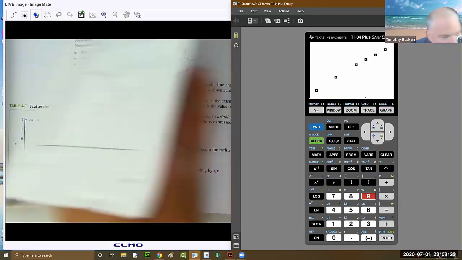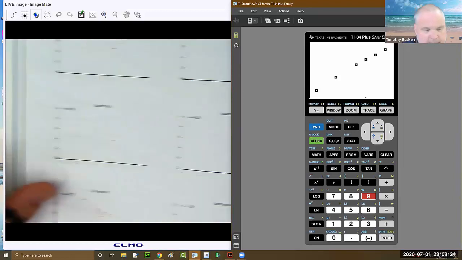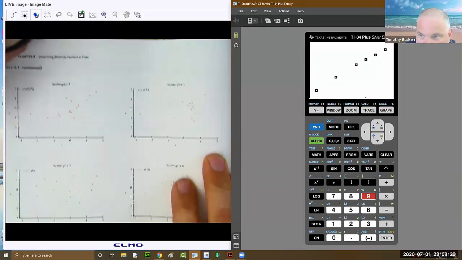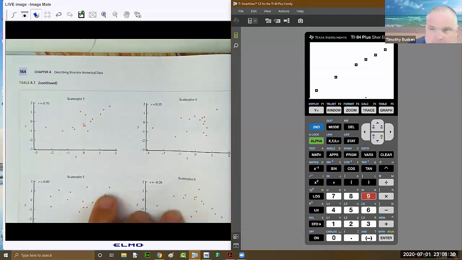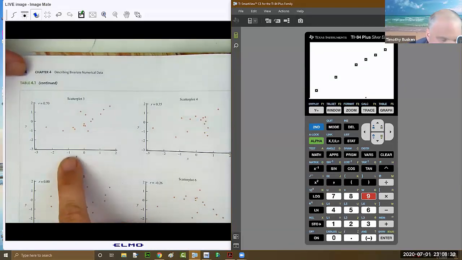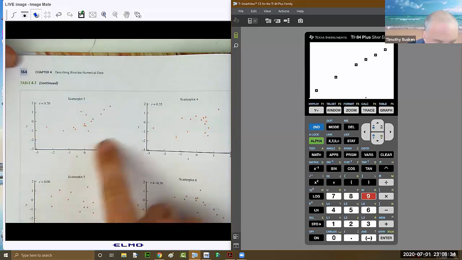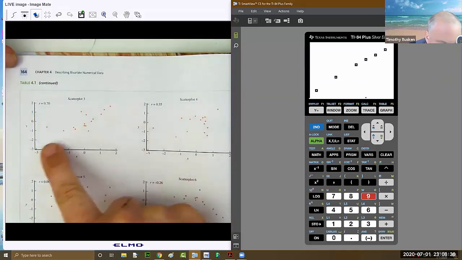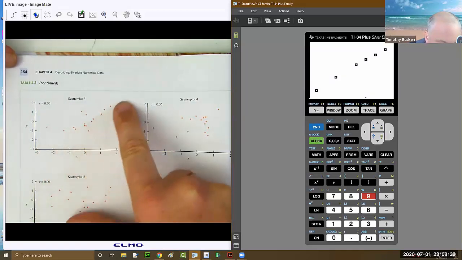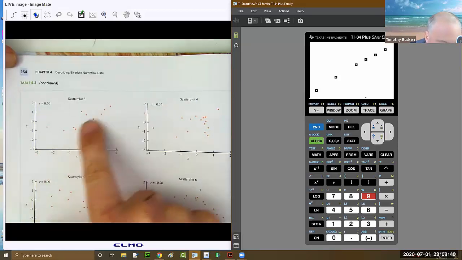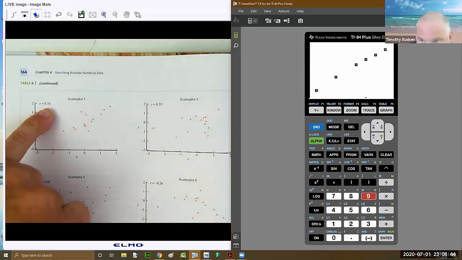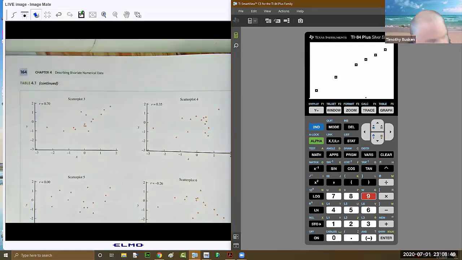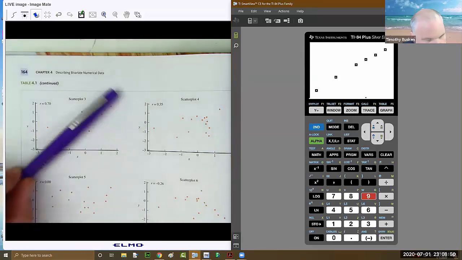Let's go ahead and take a look at some of these other scatter plots and the value of R. We'll just examine the next two here. We've got scatter plot 3, and it looks like the points are somewhat generally falling along a straight line with positive slope. And so the value of R is positive. But if you could put a line in there, my gosh, where would the best fitting line be?